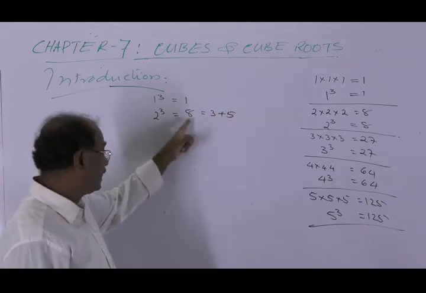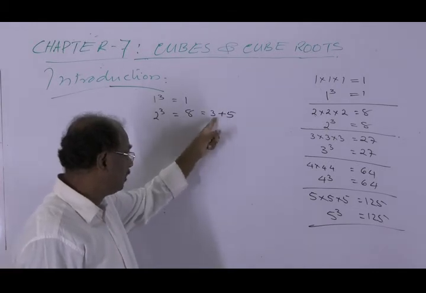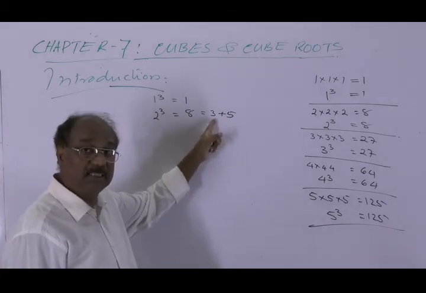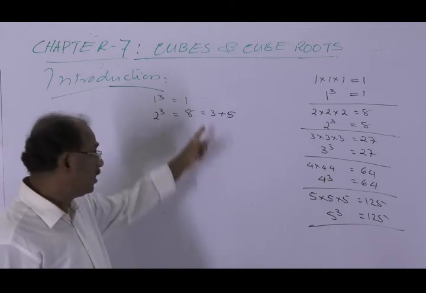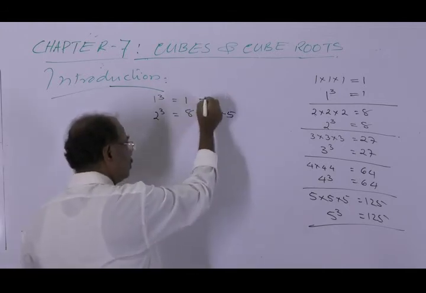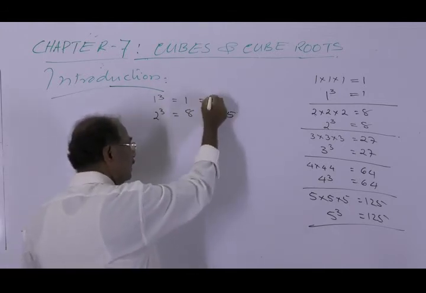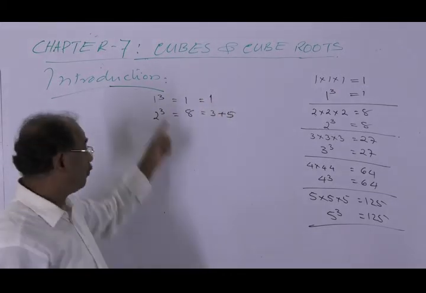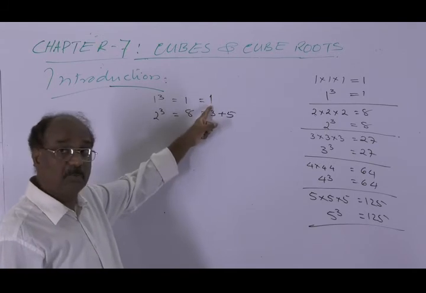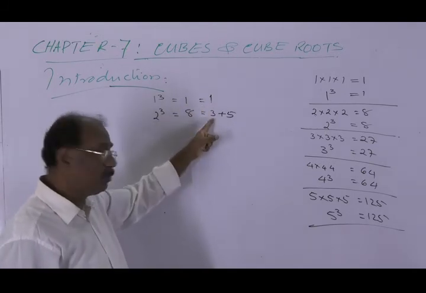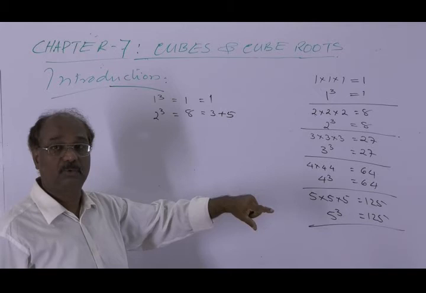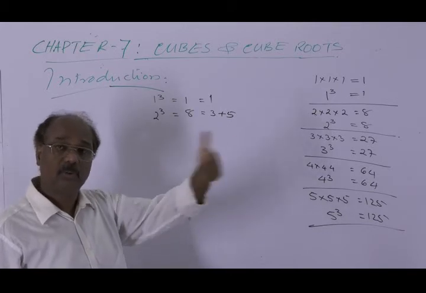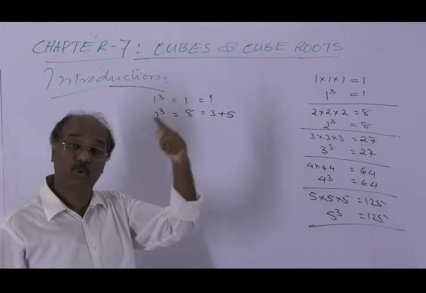So 2 cube is 8, which is the sum of 2 odd numbers, 3 and 5. These 2 odd numbers are the next 2 odd numbers after the first one. So 1 cube is the first odd number, 1. 2 cube is the sum of the next 2 odd numbers.